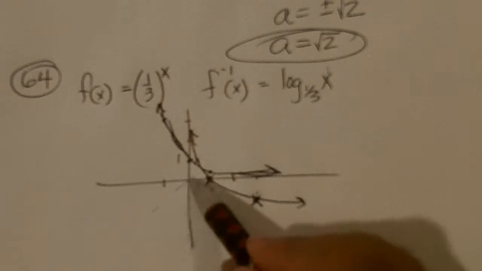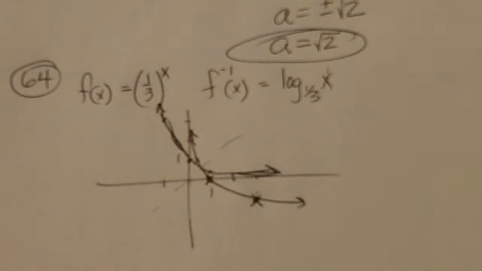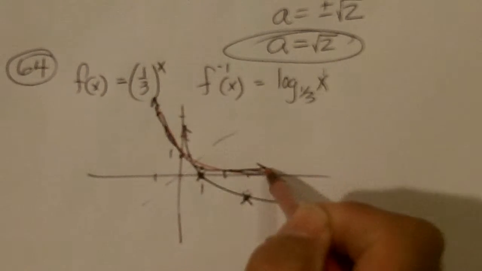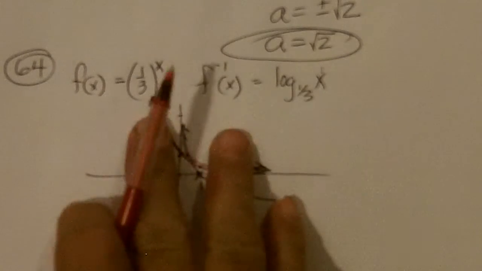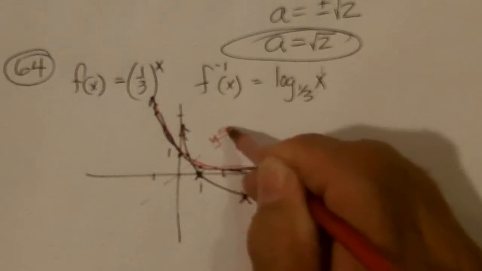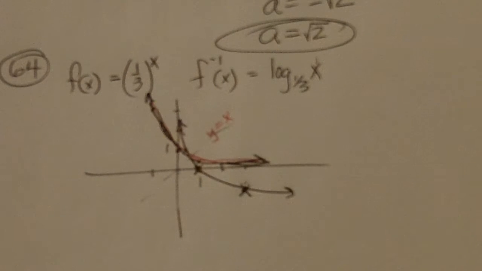And if you notice, that's a mirror image of the original, a mirror image over the y equals x line. Okay, so that means inverse. And that's what happens with inverses. Let's do 67.